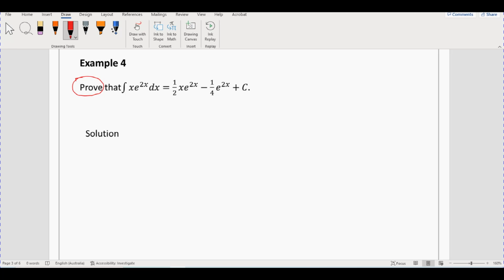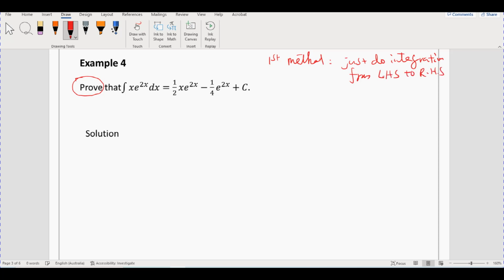When you're asked to prove the result of a certain integration, there are two ways to do it. The first method, you might just do integration from the left-hand side to the right-hand side.